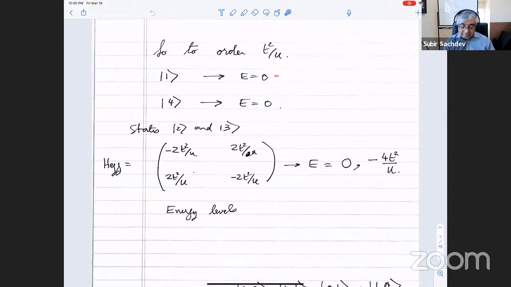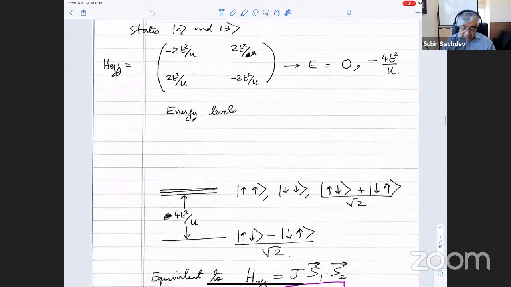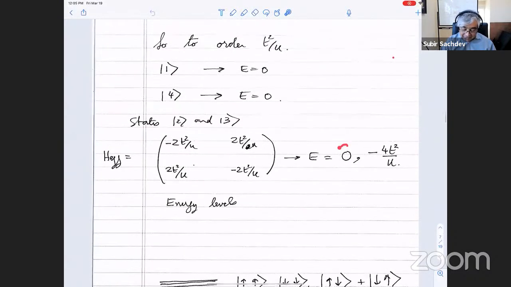For 2 of the states, the energy remains 0 to order T squared over U. And for the other 2, you get this 2x2 matrix, easy to diagonalize, and you get energy 0 and minus 4T squared over U. That's really what I should have presented on Wednesday. Now you collect these 4 states together and look at the spectrum, and you happen to notice that this one state here has exactly the same energy as the other 2 states.